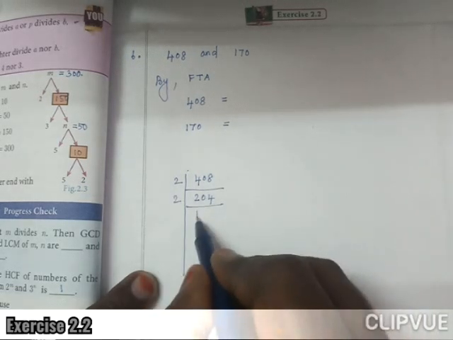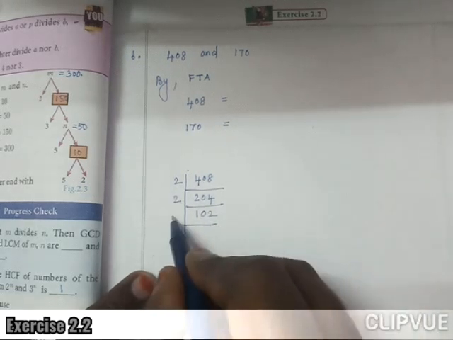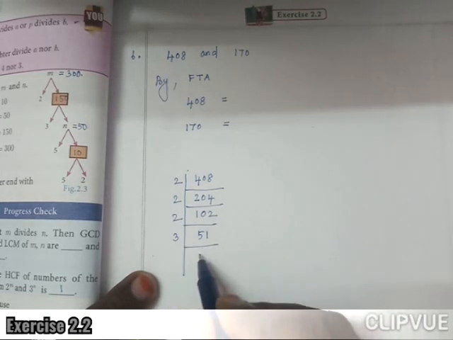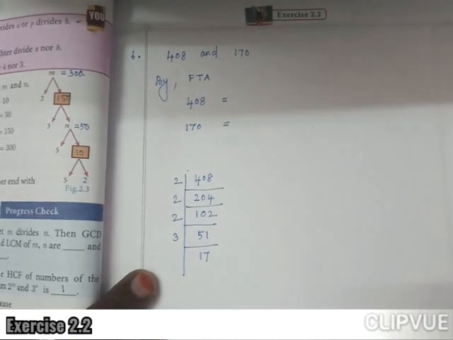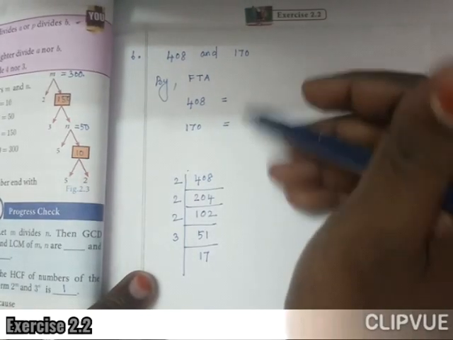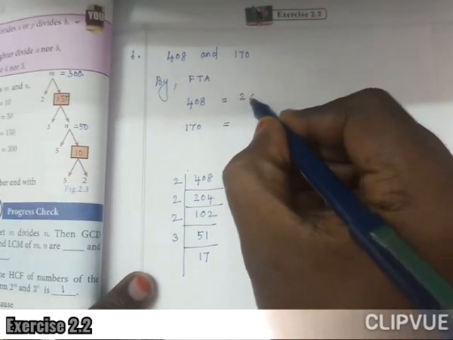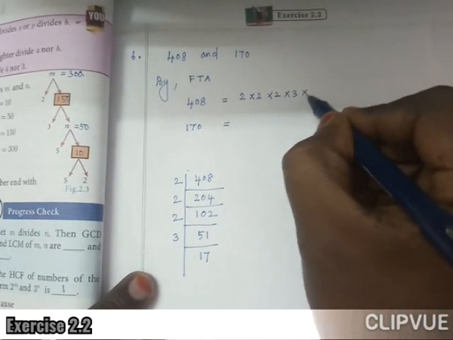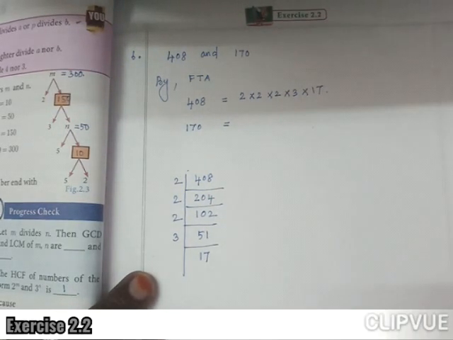Again 2: 2 fives are 10, 2 ones are 2. Again 2: 2 ones are 2, 2 fives... then 3 into 17 which is equal to 51. You know very well 17 is a prime number. So it can be expressed as 2 into 2 into 2 into 3 into 17.